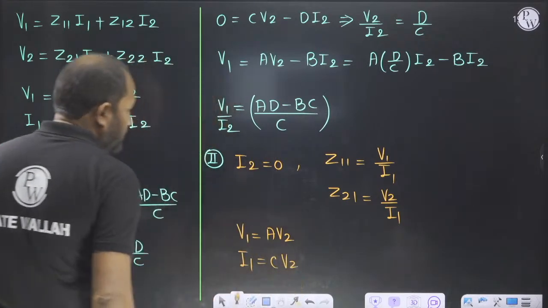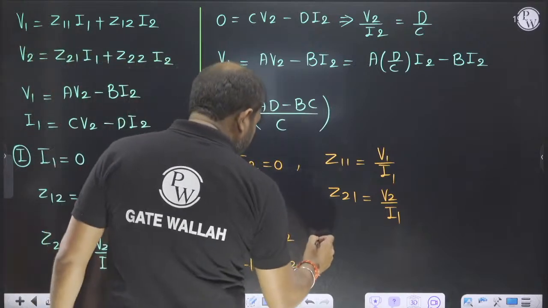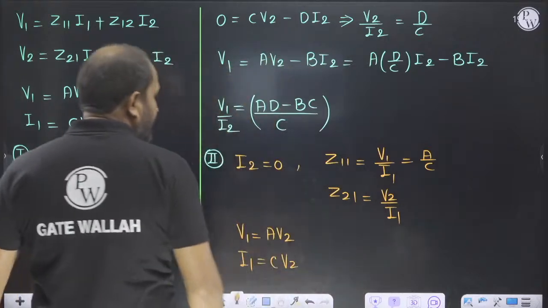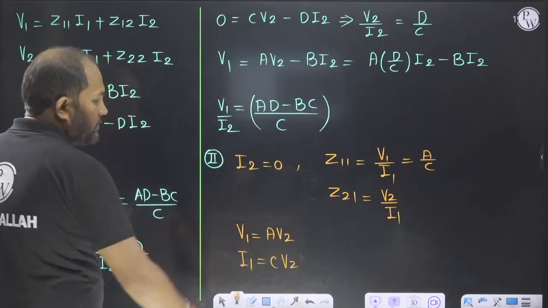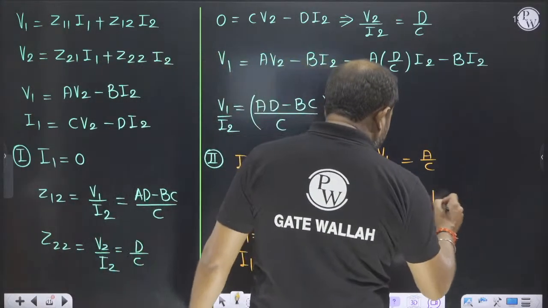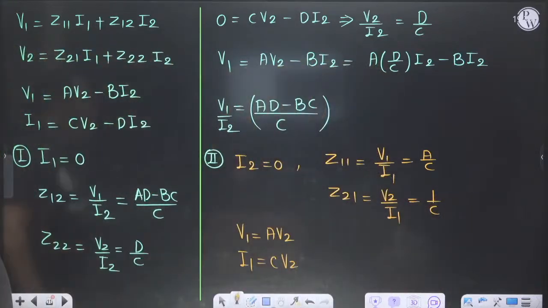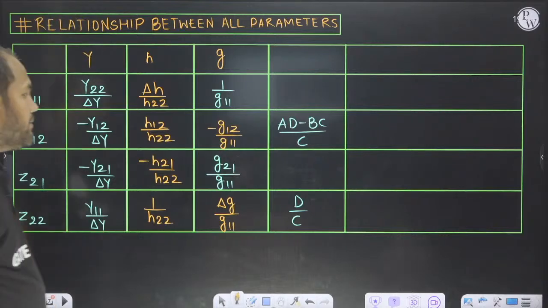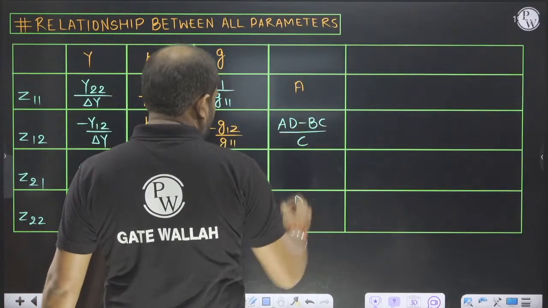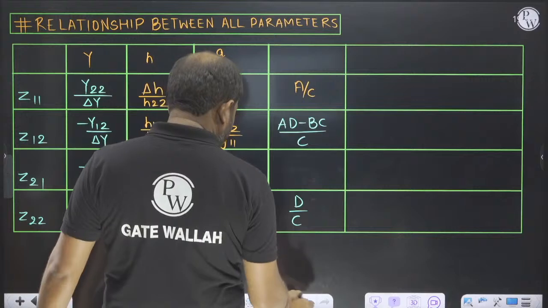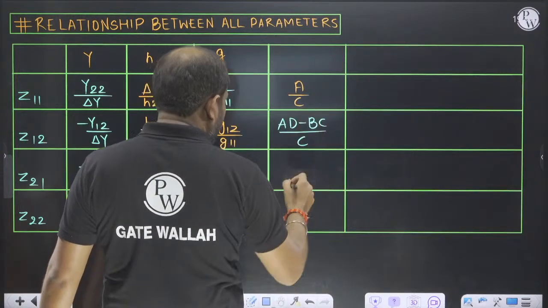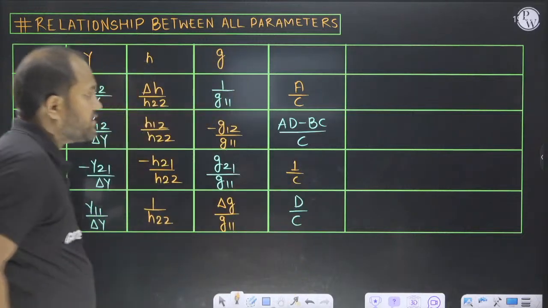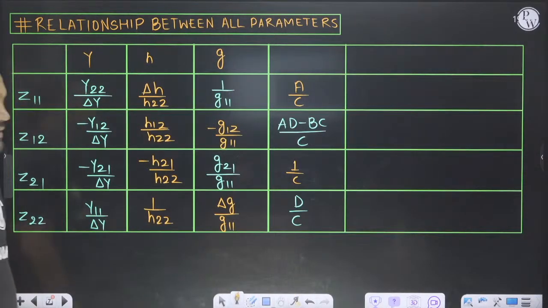So V1 by I1 will be equal to A by C, and V2 by I1 will be equal to 1 by C. So this is the Z parameter in terms of ABCD.